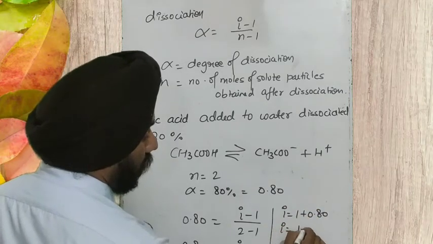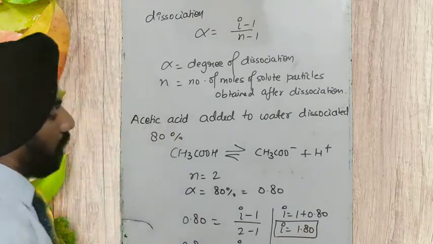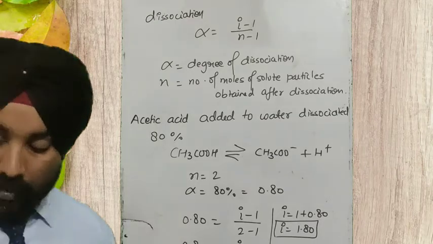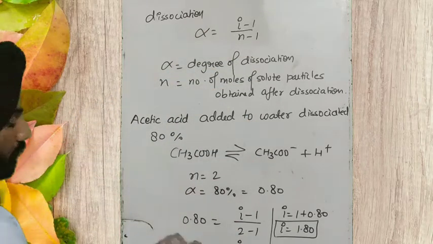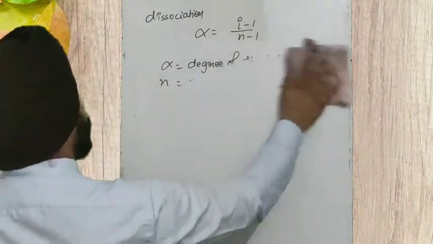So i will be equal to 1.80. This is the van't Hoff factor. Okay, so in this way you can calculate the value of i if it is not 100%, by using these formulae for association and dissociation.